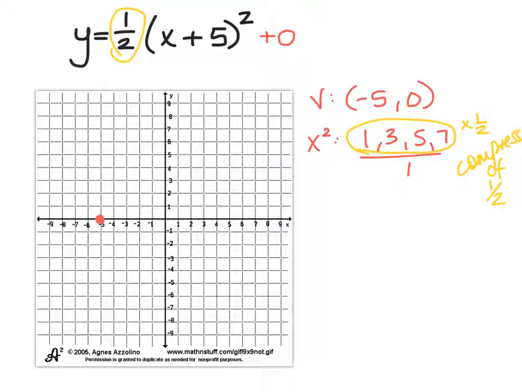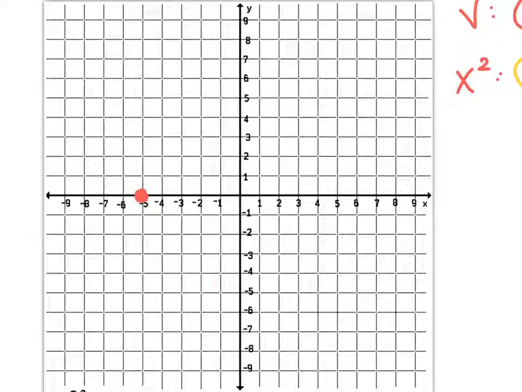Let's see, get that plotted. This time I'm going to be going up 1/2 over 1. So I'm going to zoom in so you can kind of see me do this. All right, I'm going to go up a half and over 1, so still going over a whole count, just only up a half. Now I'm going to go up 3 halves, 1, 2, 3 halves over 1. Same thing on the other side.